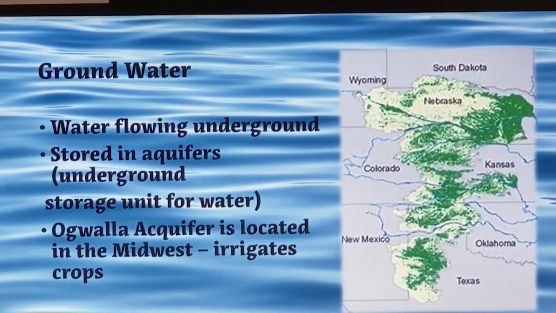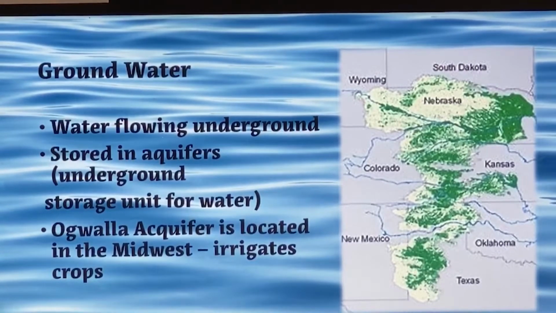Now, groundwater is different than surface water. Groundwater is water flowing under the ground, underground, and it's stored in what's called aquifers. So those are, by definition, underground storage units for water, naturally occurring. The Ogallala Aquifer is located in the Midwest, and it is responsible for irrigating many, many crops.